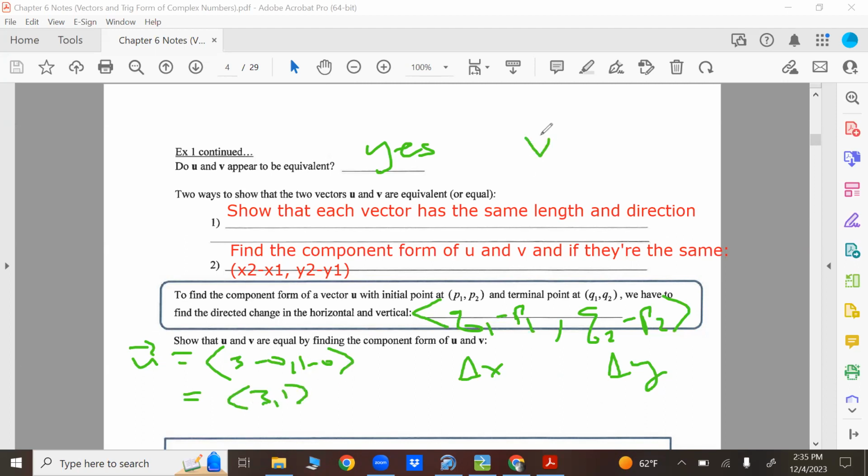And V, I'll do up here because I'm running out of space. 5 minus 2, 3 minus 2, 3, comma 1. Okay, we're cool. Let's just go down there. Questions? No, we're okay. All right, let's keep on moving.